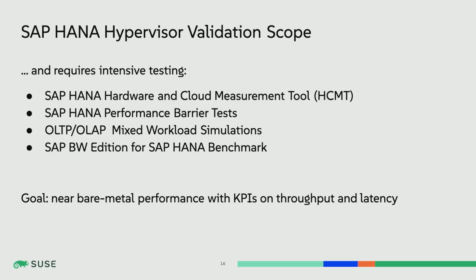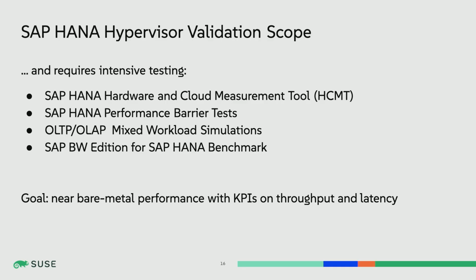The second one is the performance barrier test, which is the first one of those where we have to show that the performance of the bare metal system is not a certain percentage higher than the virtual machine running on the same host. This is a test where the database already is available, and the database is stressed in different ways. 2 tests, one bare metal, one virtualized, and if we stay in a certain gap, we are green.